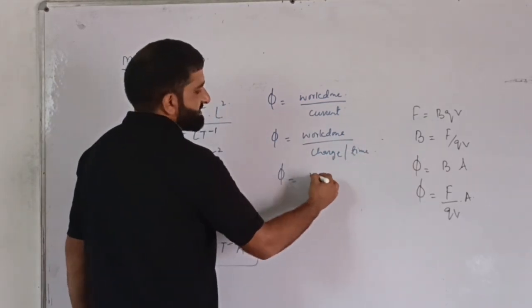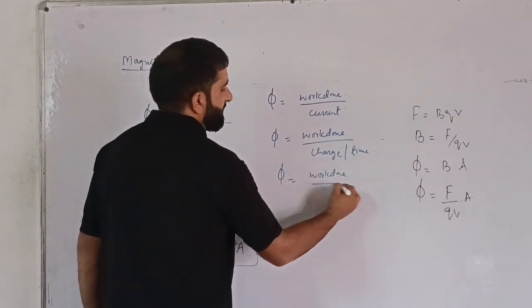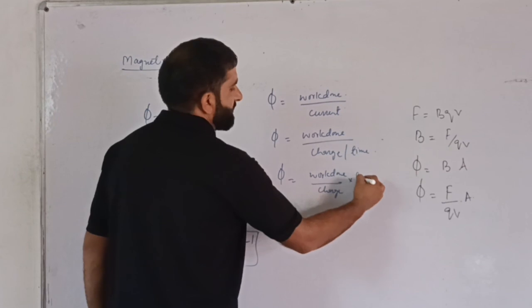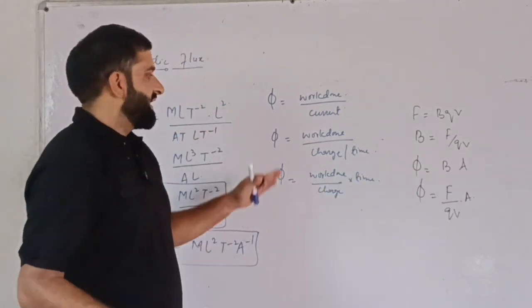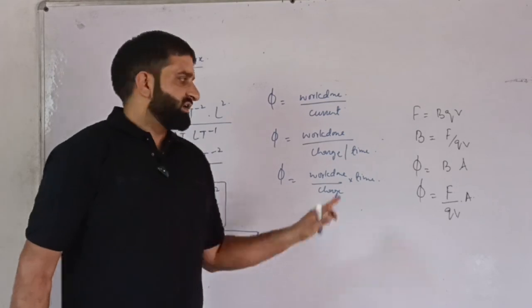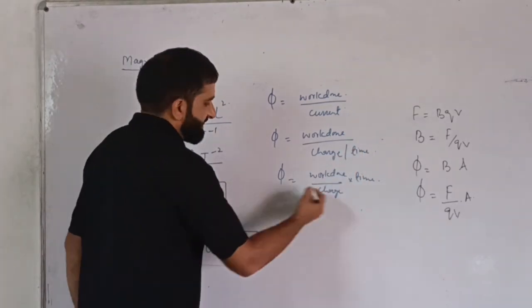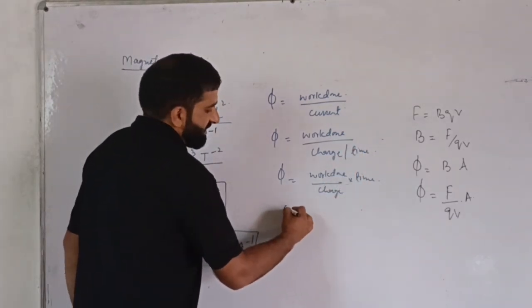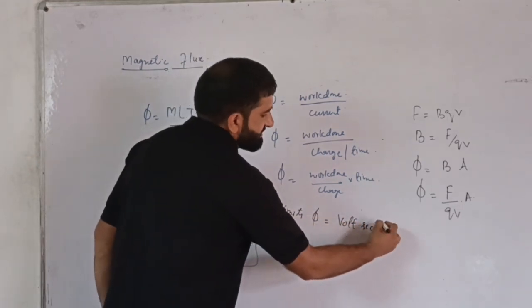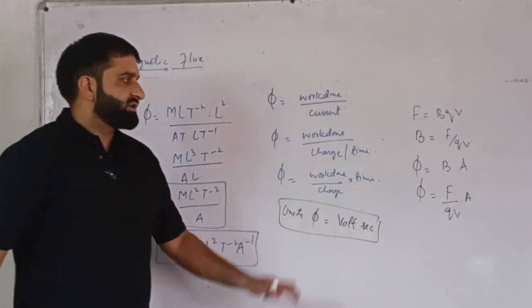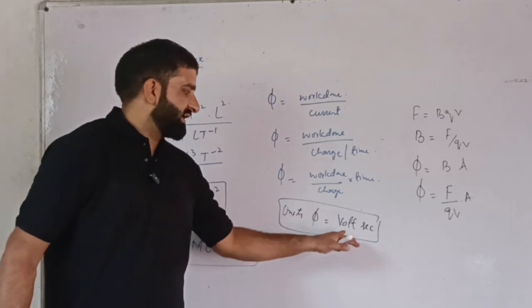So phi is work done per unit charge into time. We know that work done per unit charge is potential, and that has the units of volt, and time has the units of seconds. So another unit of phi is volt second. So the units of phi are Weber and also volt second.